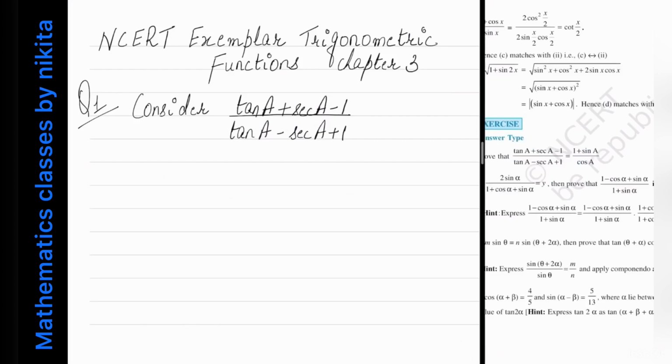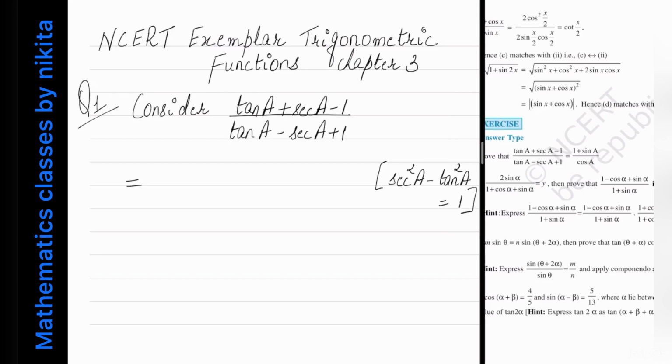Now first of all, I can see that on the right hand side I have the expressions in terms of sine and cos. So what I will do is, I know the formula that secant square A minus tan square A is equal to 1.